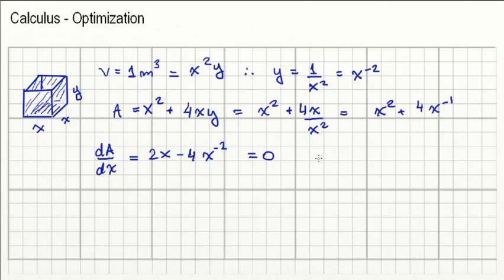Well, that means that 2x will be equal to 4 over x squared. That's the follow-up from this, moving that to the other side, right? And here we'll arrive at x to the power 3 is 2, which means x is approximately 1.26 meters.